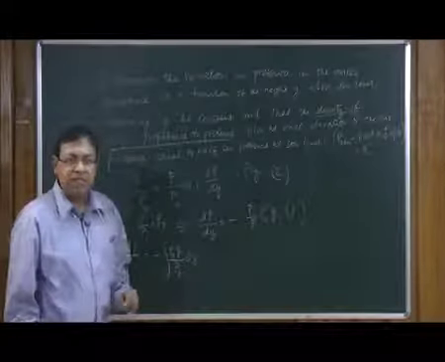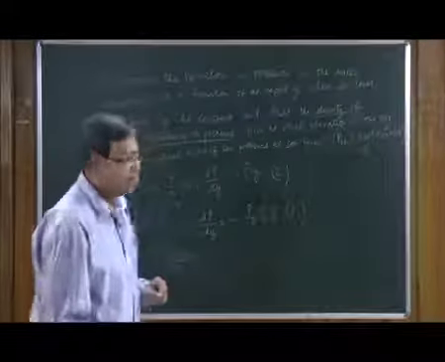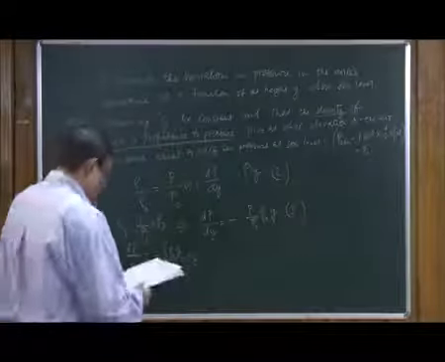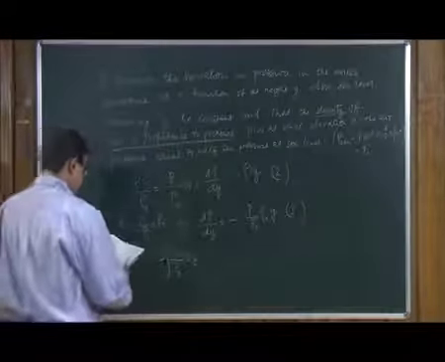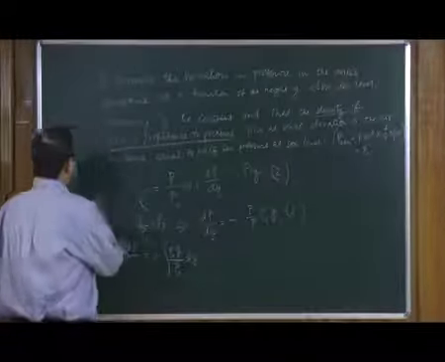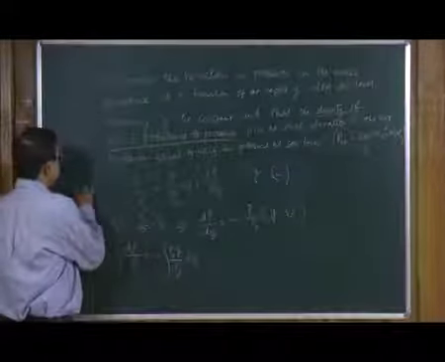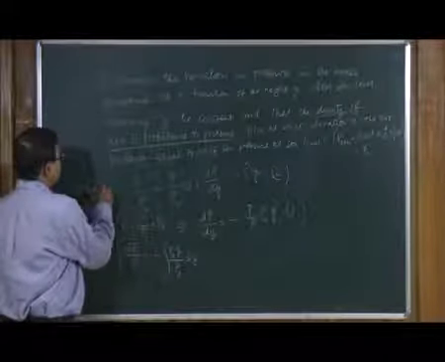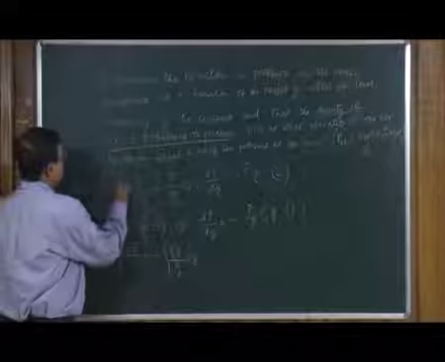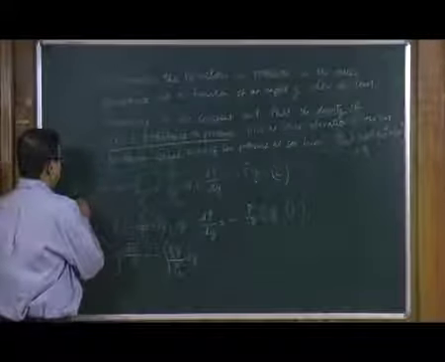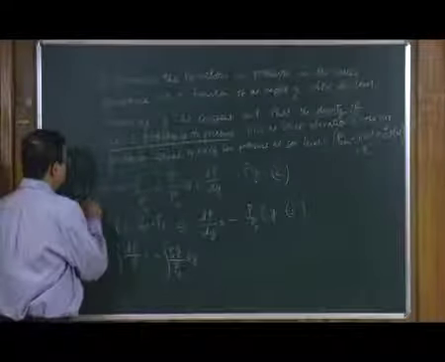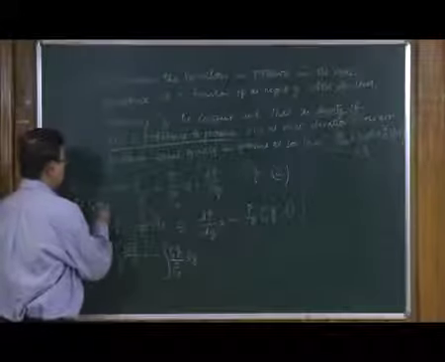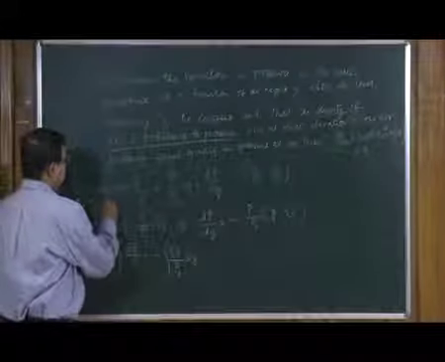Now, in order to integrate, you need to put limits, and the limits are as follows. Let us take y equal to 0 to be the sea level, and where P equal to P 0. So, this is the atmospheric pressure.